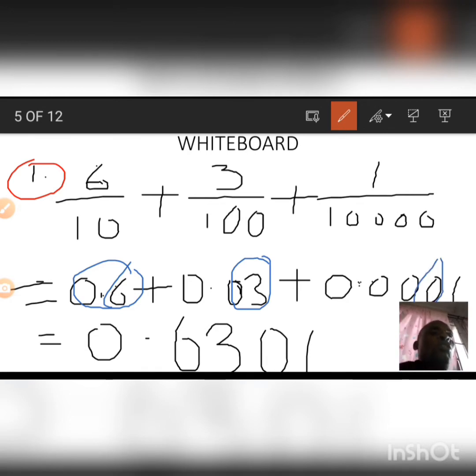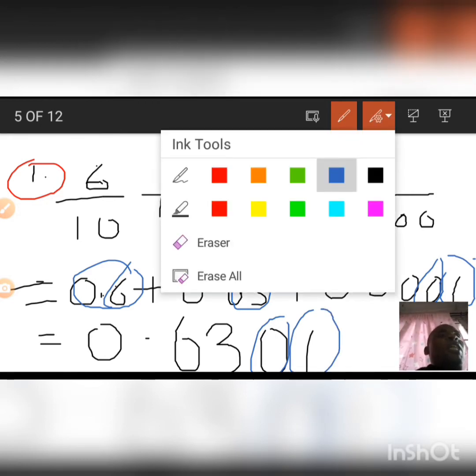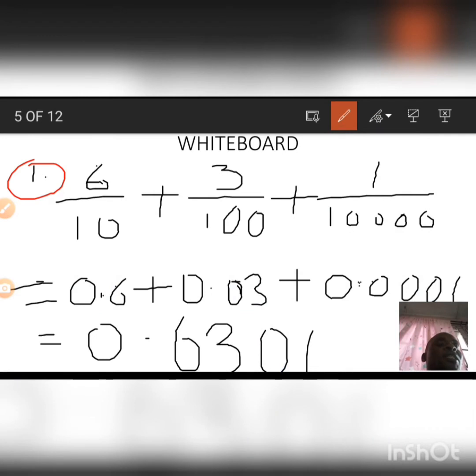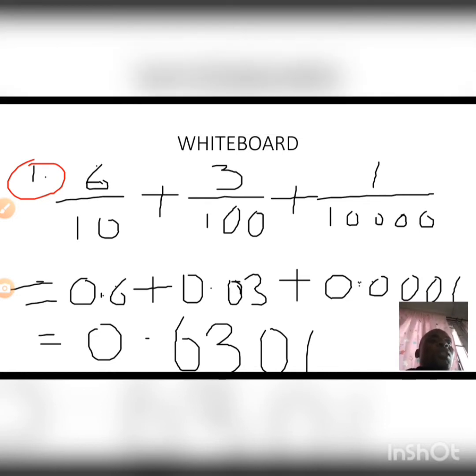So a 0 is also going to appear in our answer like this. And in the fourth position is a 1. So we are going to have a 1 also in the fourth position. So that simply means our final answer becomes 0.6301.